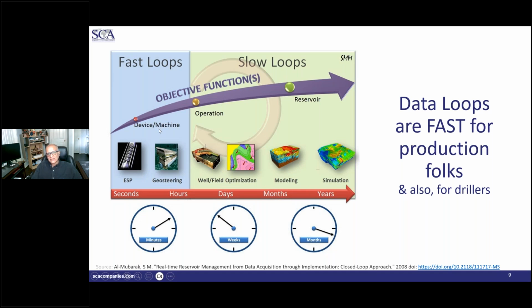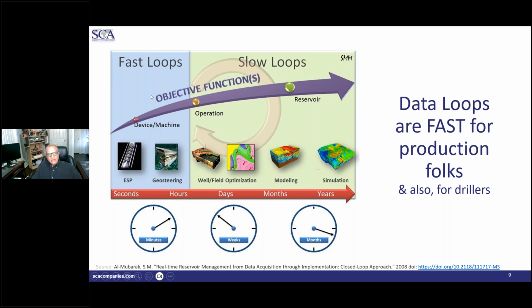So oftentimes we will say that we are very tactical. Whereas if you're looking at reservoir simulation or modeling, then your time horizons are much longer. Of course, you are going to rely on the data provided by some of these processes here, but still your horizon is longer. So you have slightly longer reaction time.